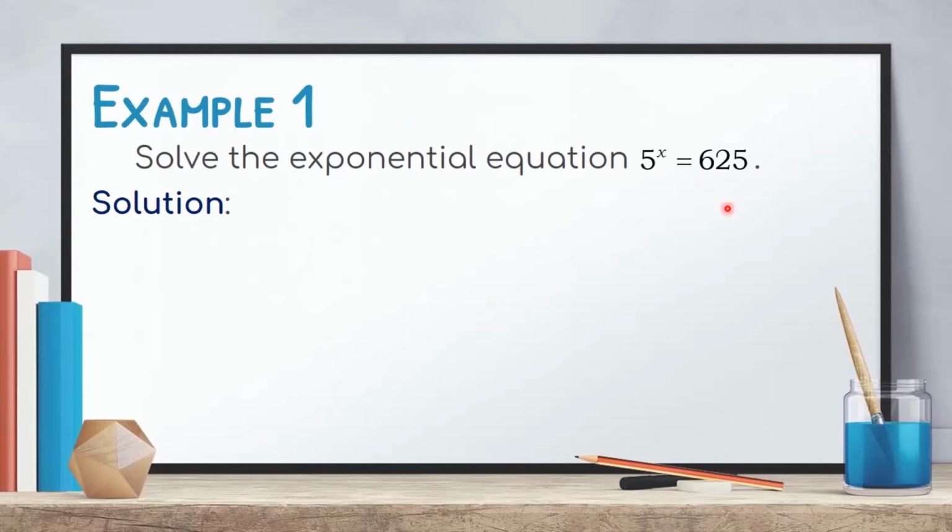Looking at the bases of our given, notice that they are not equal. We have 5 as base on the left side and 625 on the right side. However, remember that we can actually write 625 with base 5.